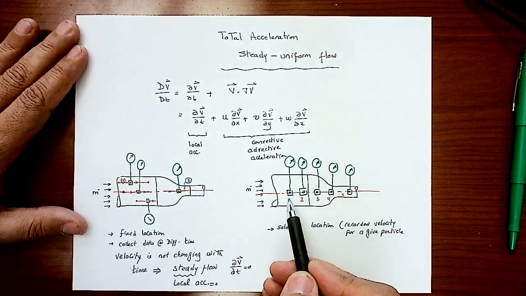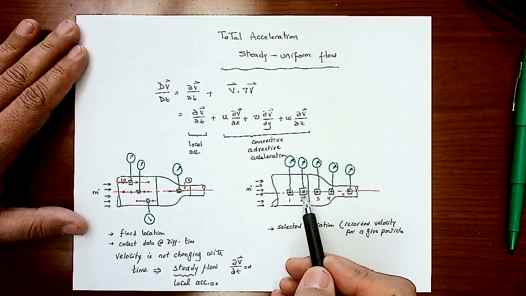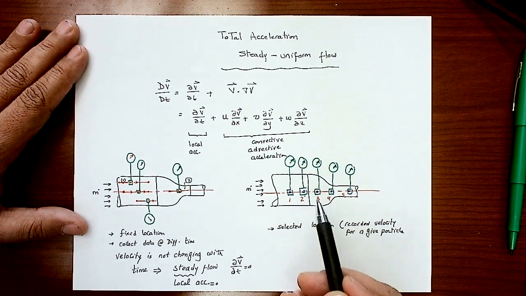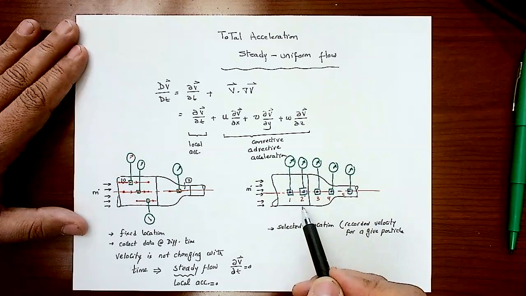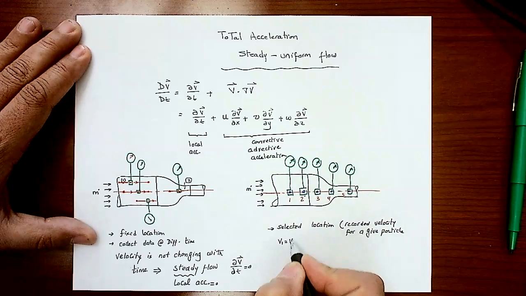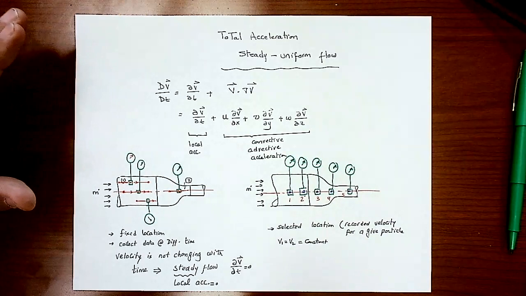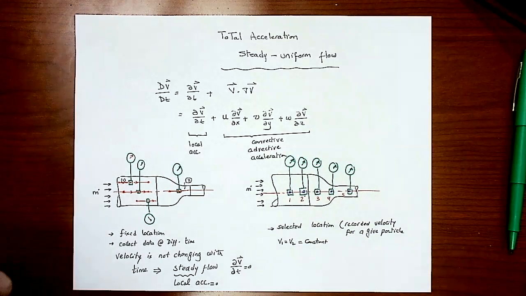There is a given velocity at 1, the particle moved to position 2. The mass flow rate is still conserved, so the mass flow is not going to change. The pipe diameter is still the same. So I'm expecting that velocity V1 and velocity V2 are still the same. So the velocity did not change with position.